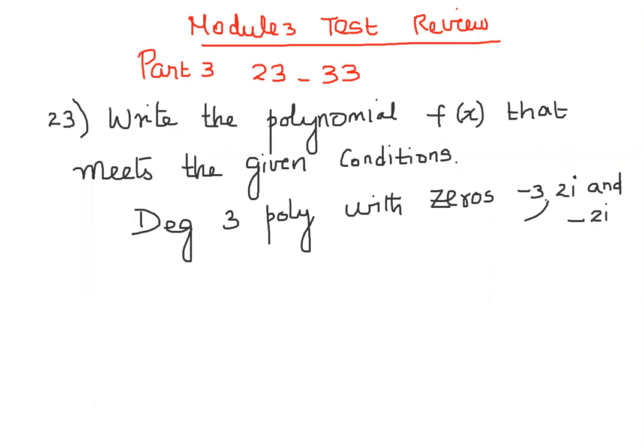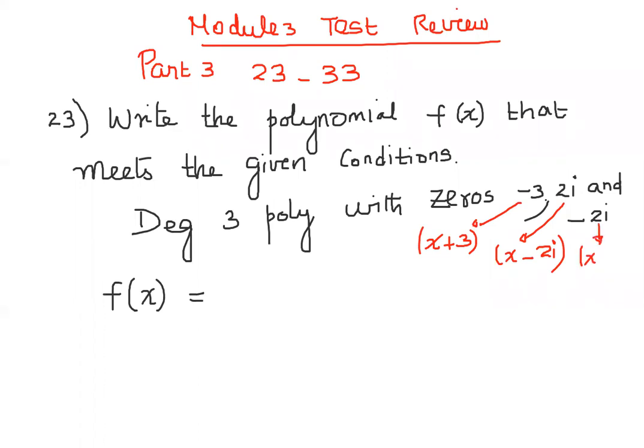So the answer is, since -3 is a 0, that means x plus 3 is a factor, and 2i is a 0 means x minus 2i is a factor, and -2i means x plus 2i is a factor.